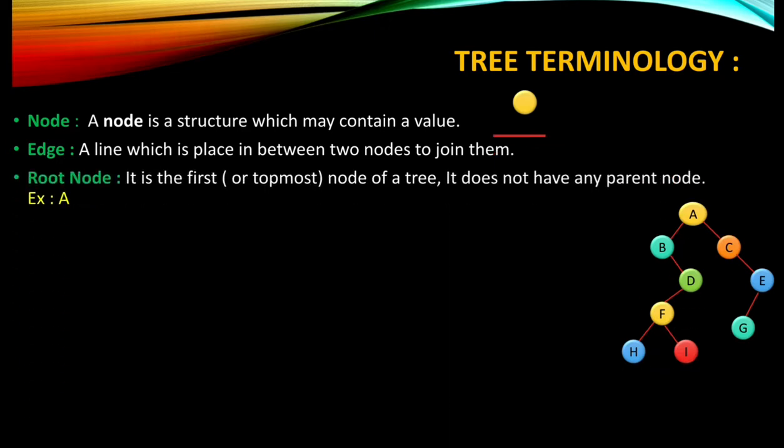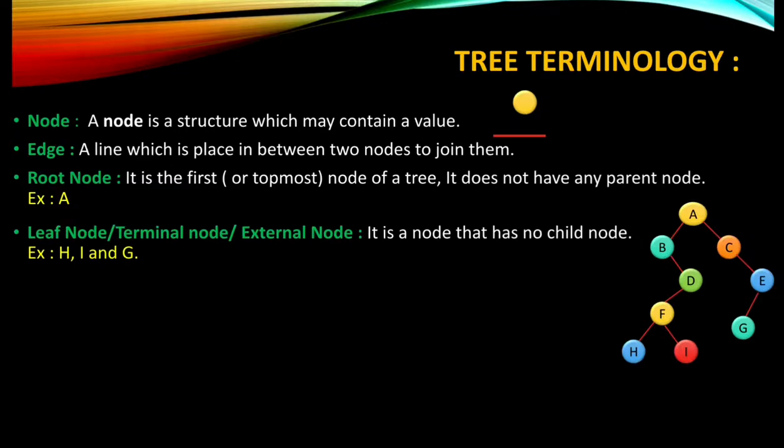Root node, you all know, it is the first node or the topmost node of a tree. It doesn't have any parent node. Example, A is the root node for a given tree. Now leaf node. Leaf node, or we can say terminal node, or external node, doesn't have any child.